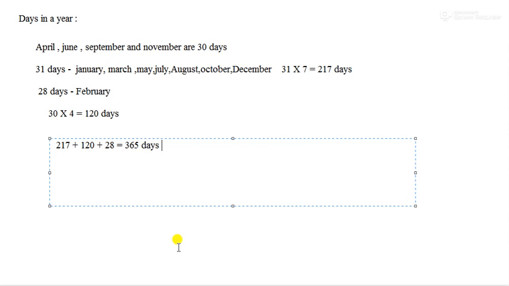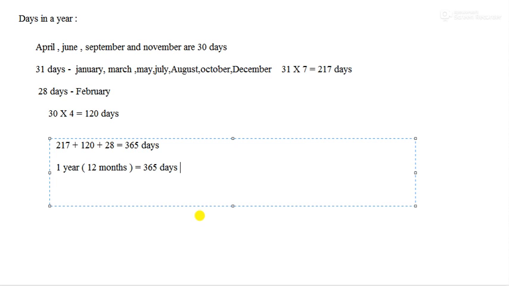So the total number of days in 1 year, which means 12 months, is 365 days.